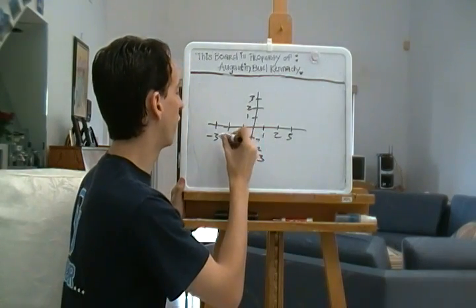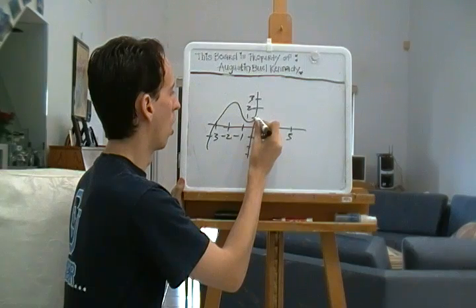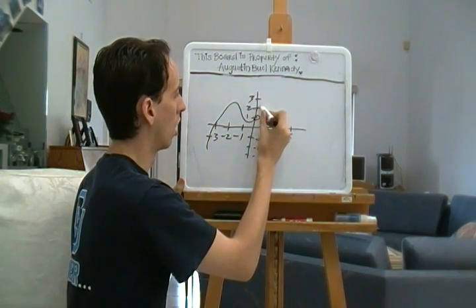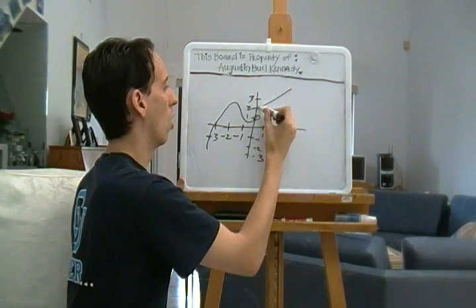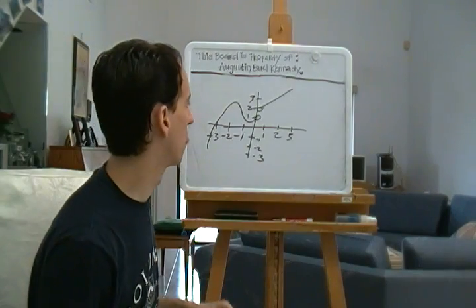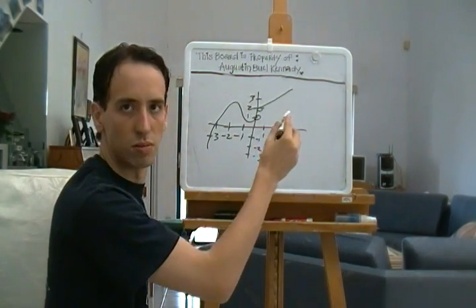Here's our function, with open points. What we see here are two pieces of function graphically.